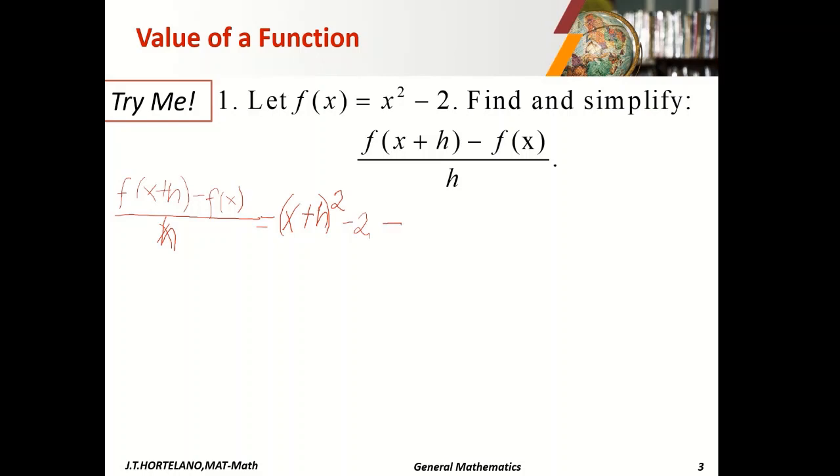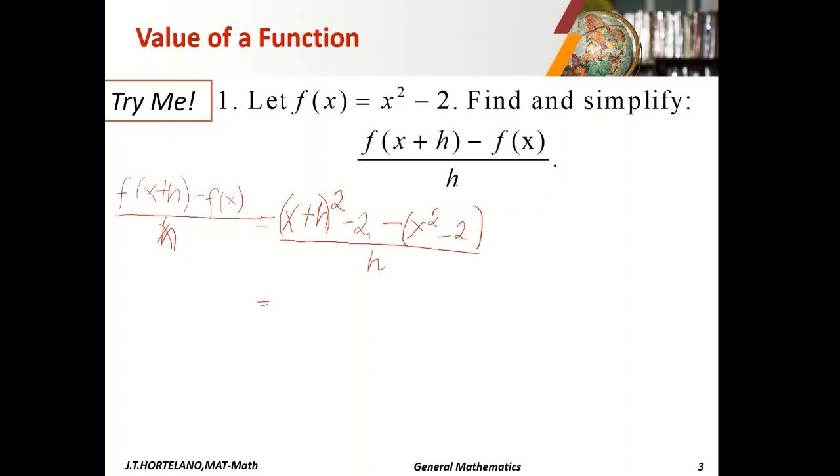Now, don't forget to use proper grouping symbols. Since may minus tayo dito, mamaya we need to distribute muna yan bago tayo mag-simplify. So that's minus quantity of x squared minus 2 all over h.